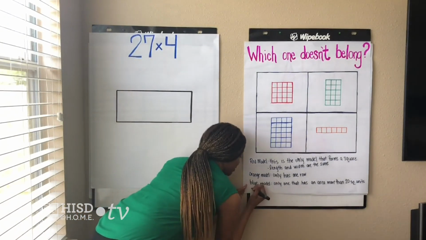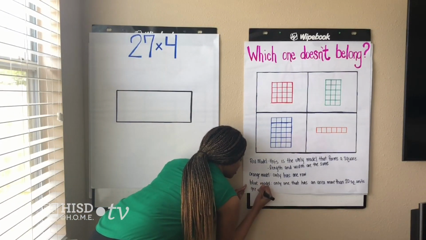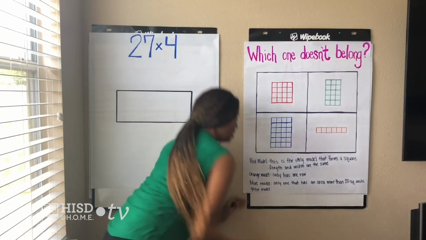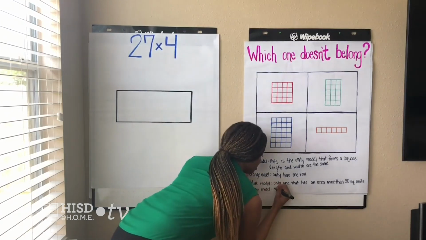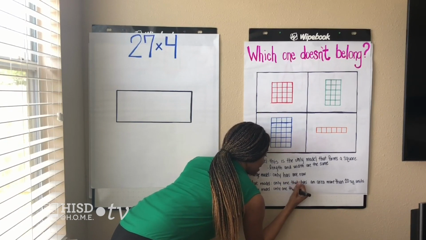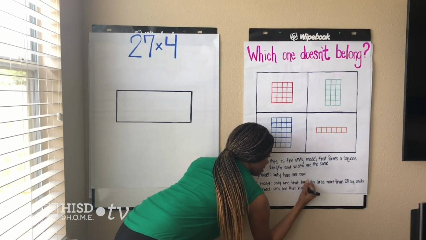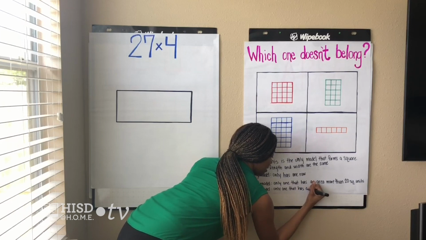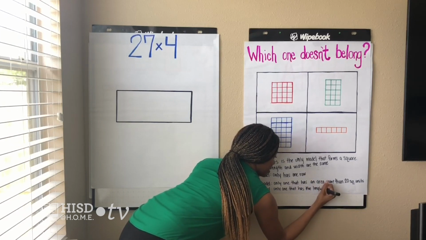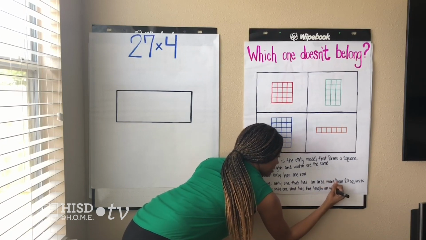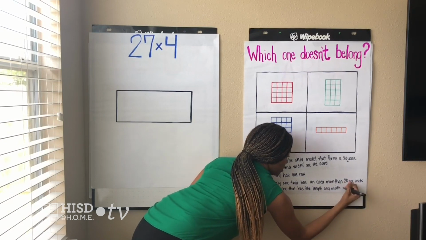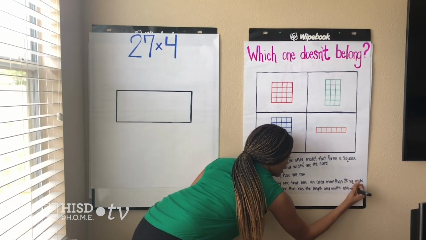So my green model is the only one that has the length and width odd measurement.